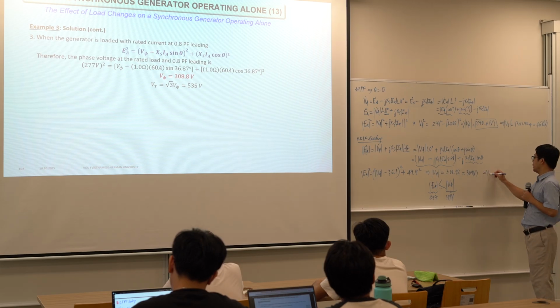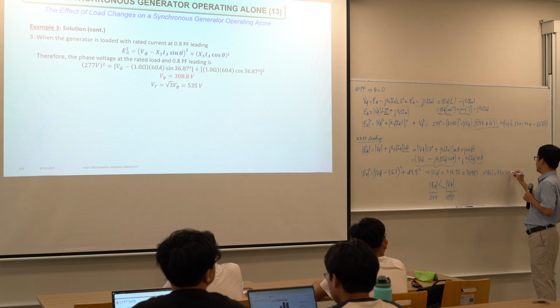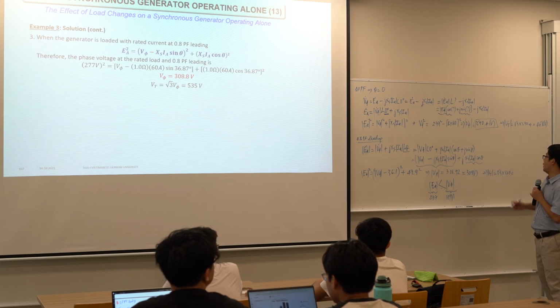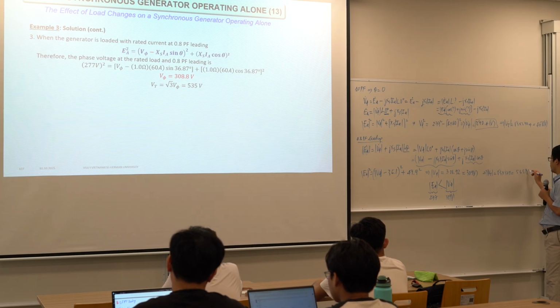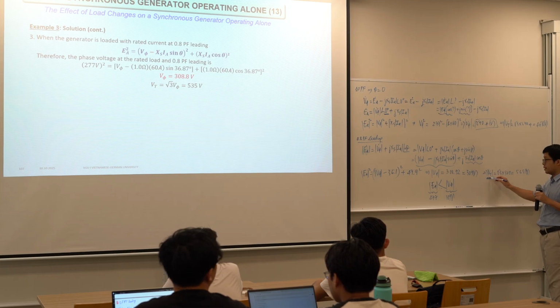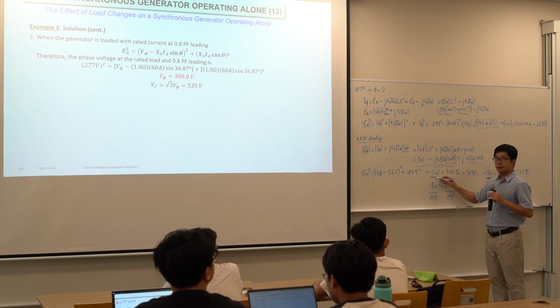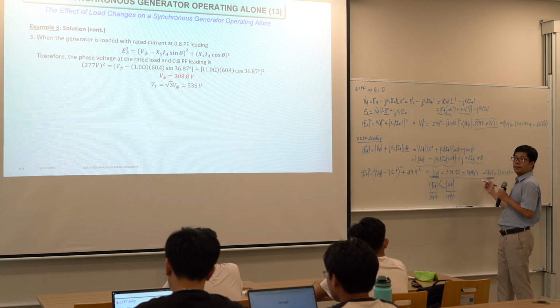So here you can get terminal voltage: square root of 3 times 309. Then you get 535. Remember that the question required to calculate terminal voltage, not phase voltage. So when you get phase voltage, please remember to calculate terminal voltage.